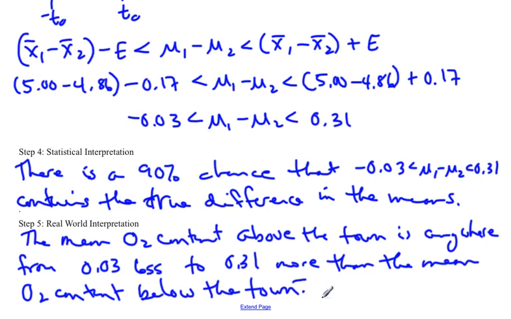The other comment I want to make is that 0 actually does fall in the interval. So since 0 actually falls in the interval, then it could be that the mean content above the town is exactly the same as the mean content below the town. So we can't actually say anything about the inspector's belief that the town is having issues with things. But there's your confidence interval.